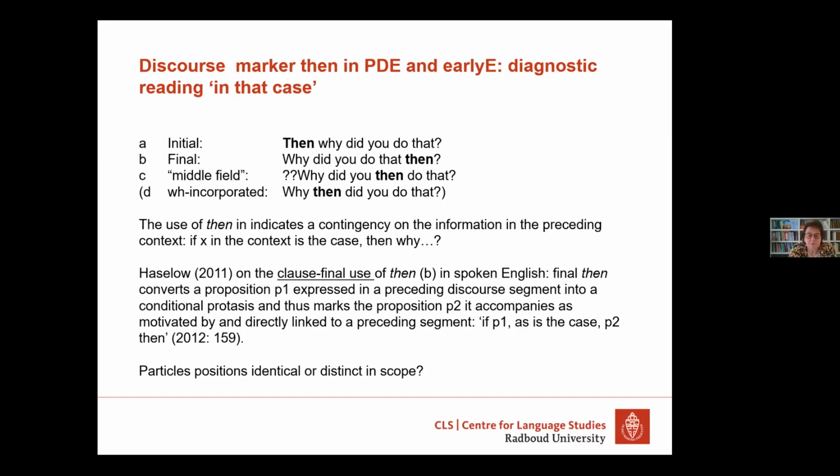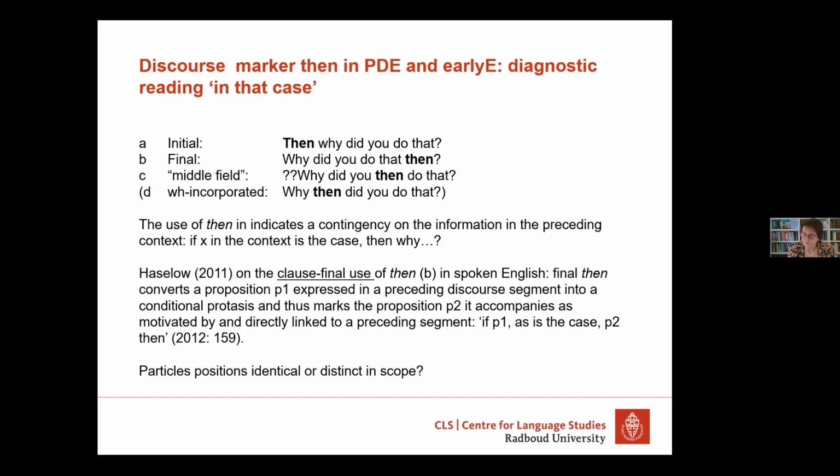So in present-day English, you can have various positions for "then" in the modal particle reading. Initial: "Then why did you do that?" Or "Why did you do that then?" Final position. "Why did you then do that?" is much degraded, but it's the original position in Old English, interestingly.